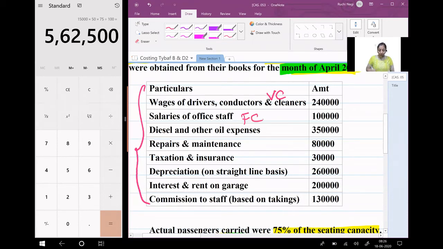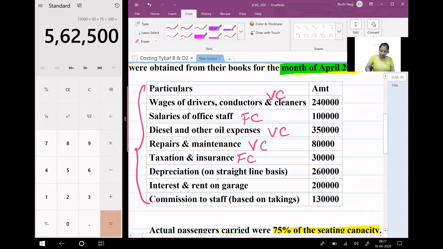Diesel and other oil expenses depend on kilometers run, so it is a variable cost. Repairs and maintenance: variable cost as per CAS 5 format. Taxation and insurance: fixed cost, because it does not depend on kilometers run. Insurance doesn't depend on how many kilometers you have insured; it depends on the value.